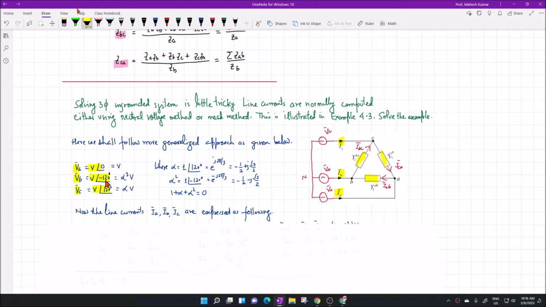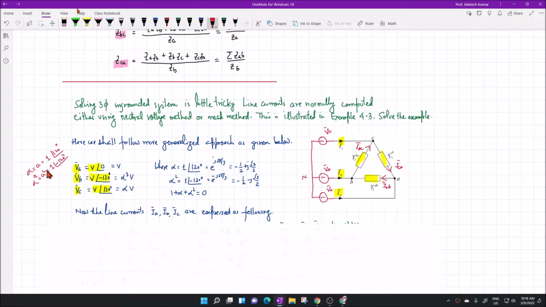Now this minus 120 can be expressed as alpha square or a square, and 120 degree can be expressed as alpha. We have defined this alpha and alpha square as a complex operator: alpha as one angle of 120 degree, and alpha squared, sometimes we denote as a square, one angle of minus 120 degree.